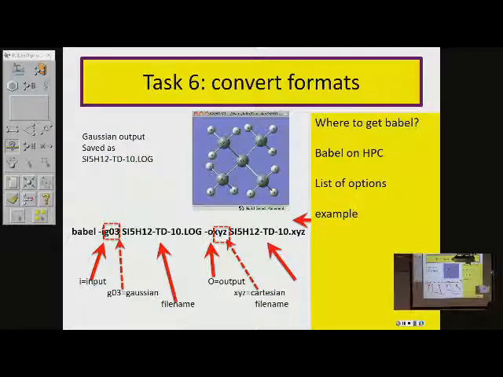So here's the format of using Babel. You type the keyword, the name of the script, and then you use. I don't know how to explain it. It seems so simple, but I don't have words.